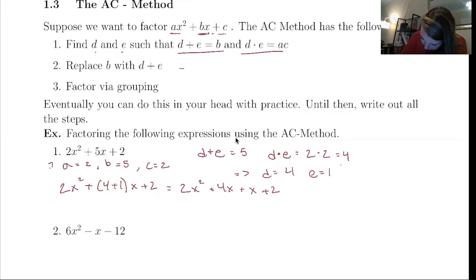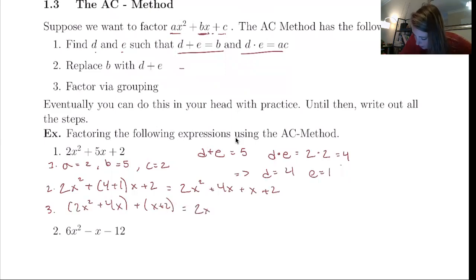Great, so that was step 1, that was step 2. And now we're going to factor by grouping. So I'm going to say 2x squared plus 4x plus x plus 2. What can I pull out of 2x squared plus 4x? What's the GCF of that one? 2x, right?